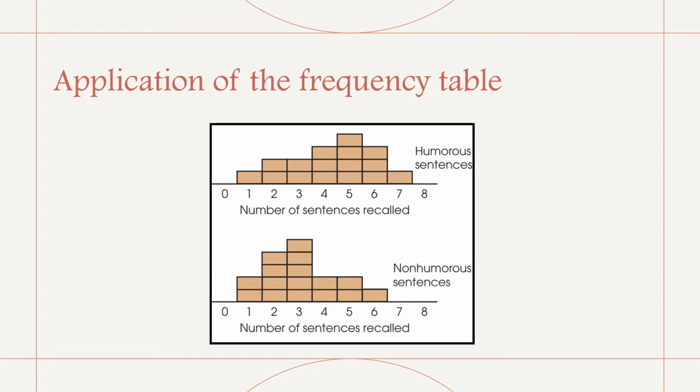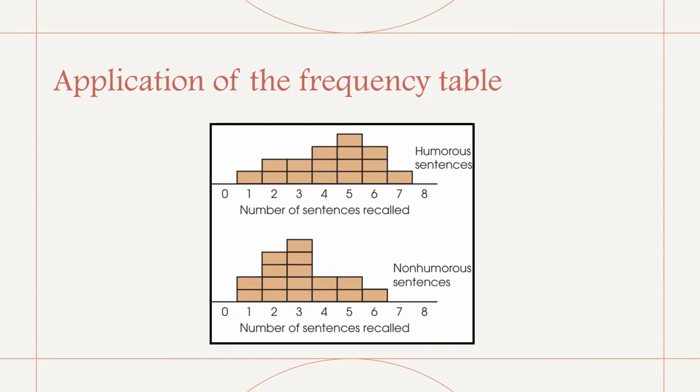We saw two twos there, so that is two blocks. The number 3 was repeated 2 times, so you have 2 blocks representing that. We saw 4 being repeated 3 times, so you have 3 blocks for 4. And the same thing is done for 5, 6, 7, right?